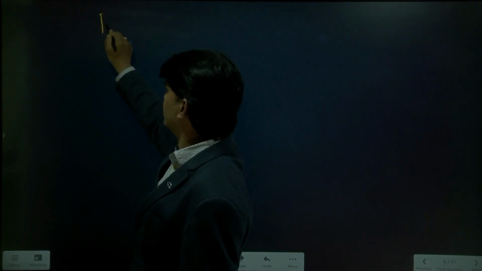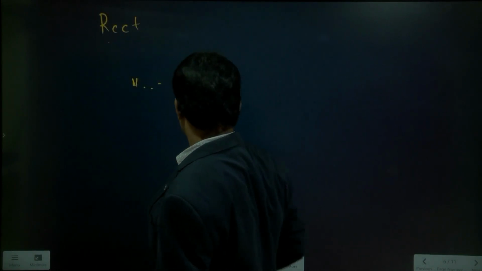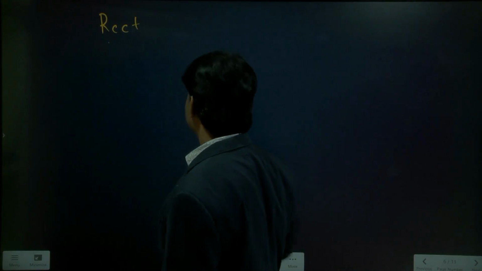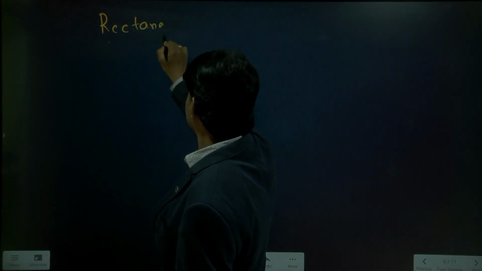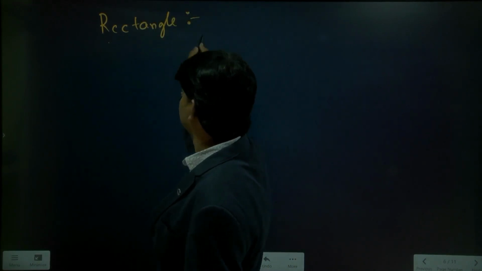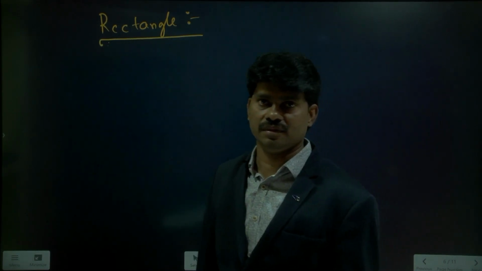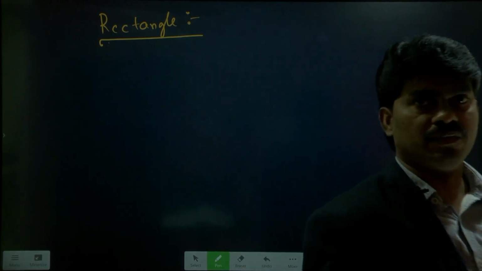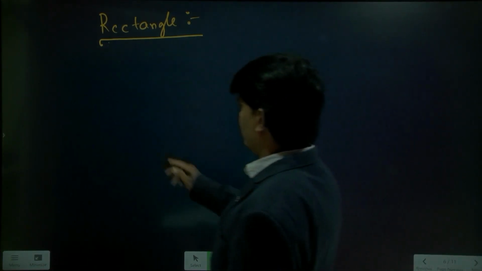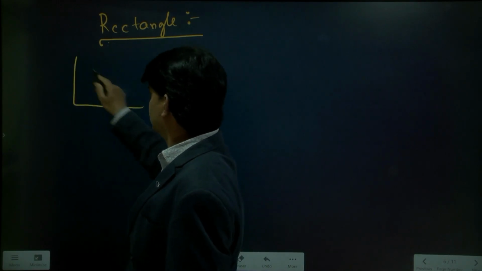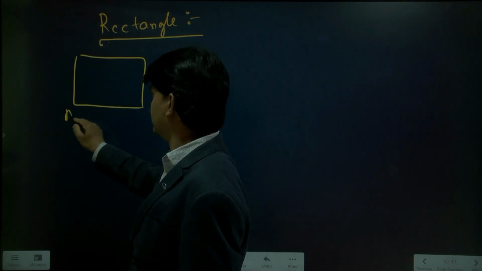Now let's see the perimeter and area of rectangle. So we know that the boundary occupied by a closed plane figure is the perimeter. Here, take this figure ABCD.